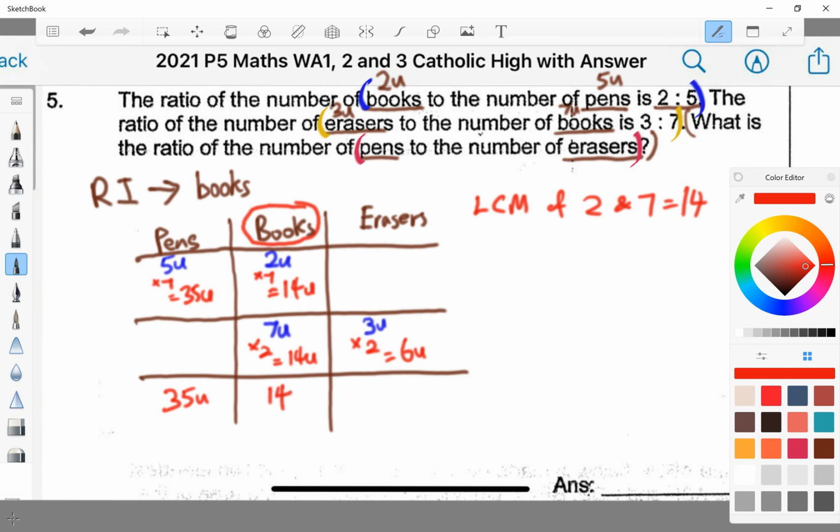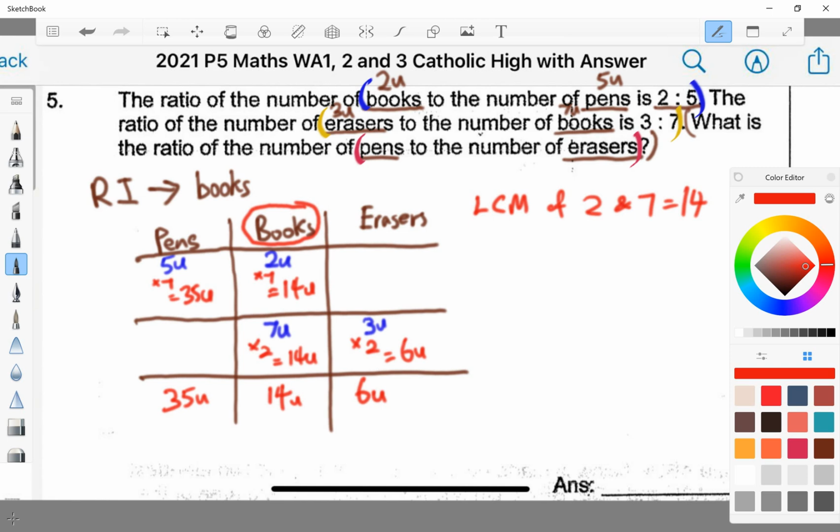So it's 35 units for the pens, 14 units for the books, and last but not least 6 units for the erasers. So let's look at the question carefully. Do they want us to have 3 items in our ratio, or is it just the pens to the erasers?